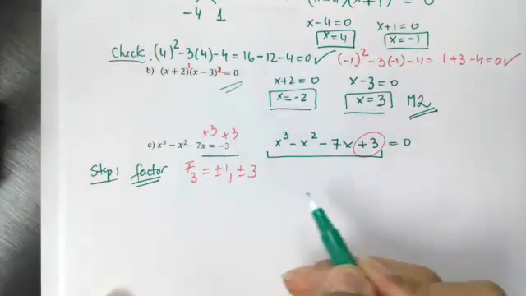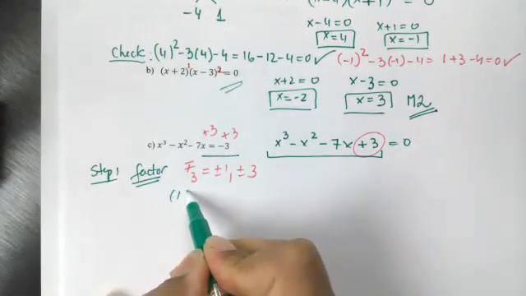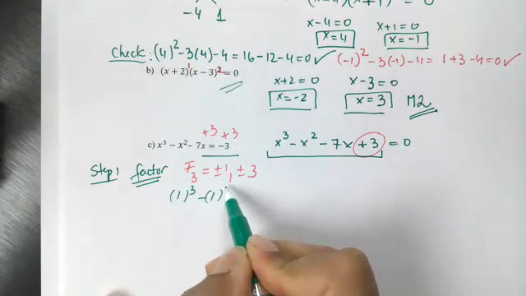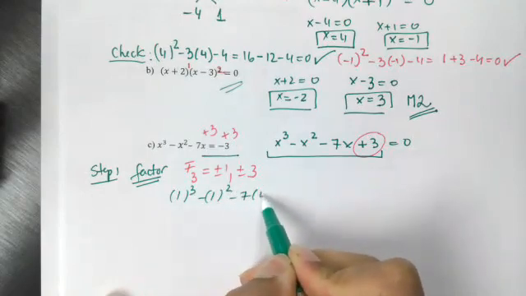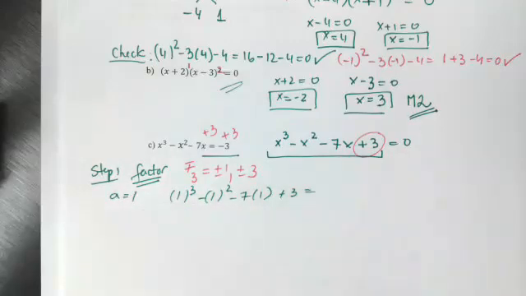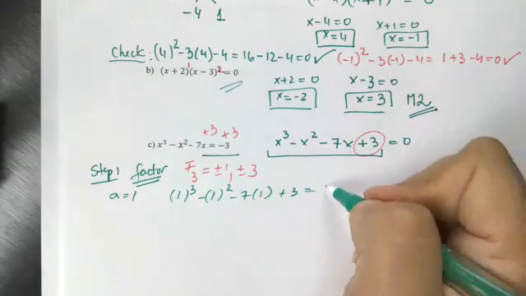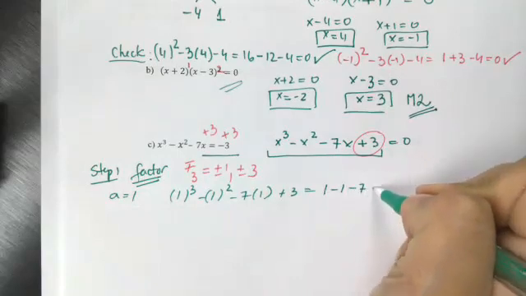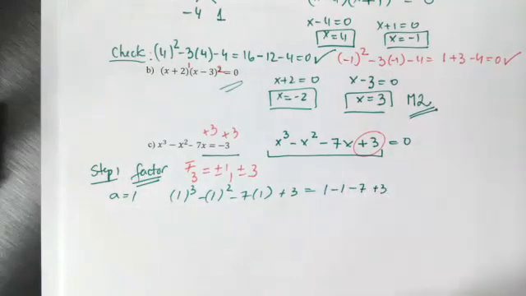Okay, so we have 1 cubed minus 1 squared minus 7 times 1 plus 3. I'm checking a equals 1. We have 1 minus 1 minus 7 plus 3. Is that going to equal 0? No, right?